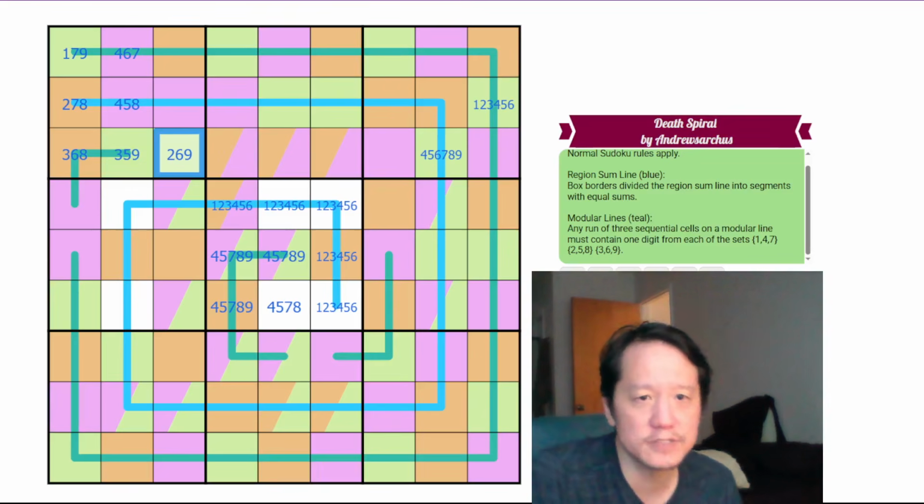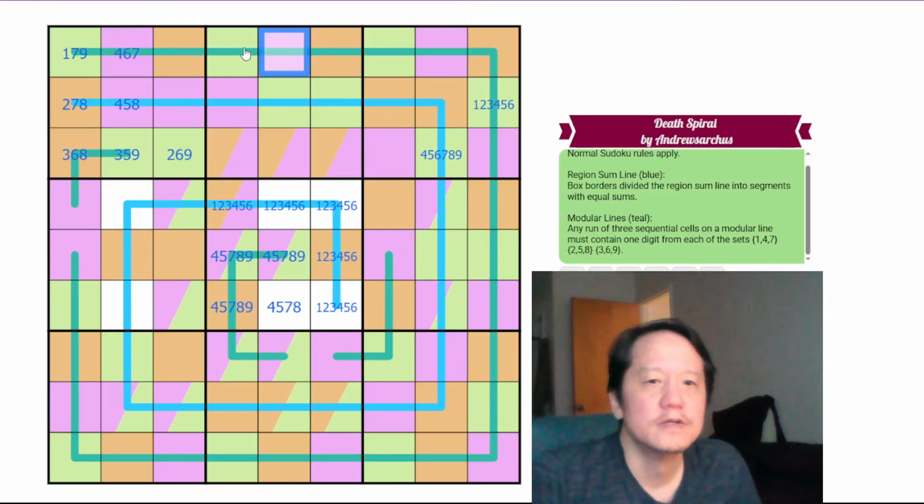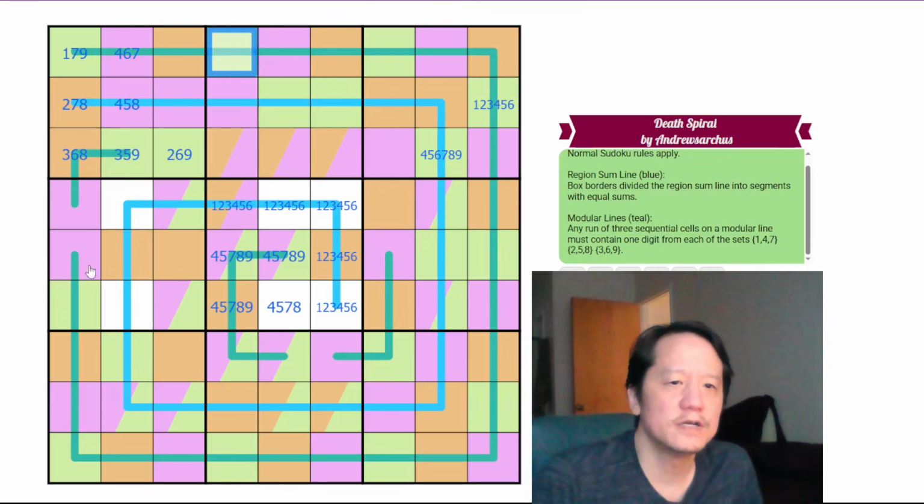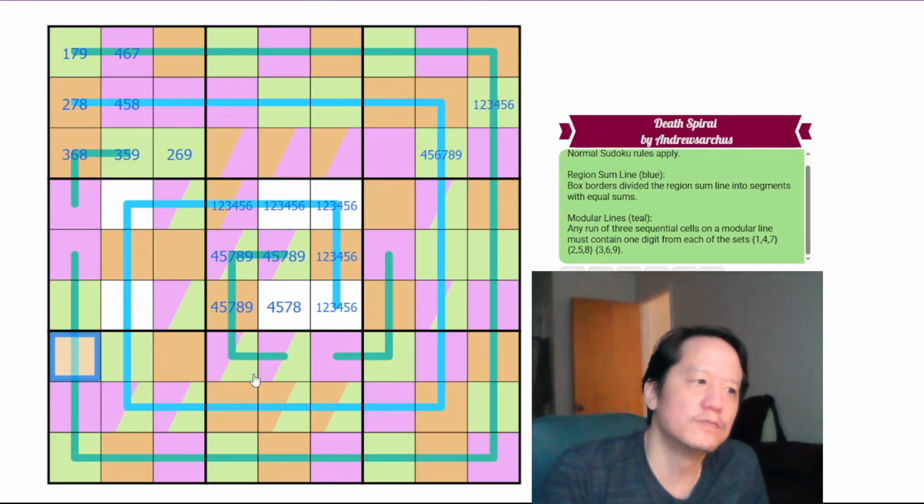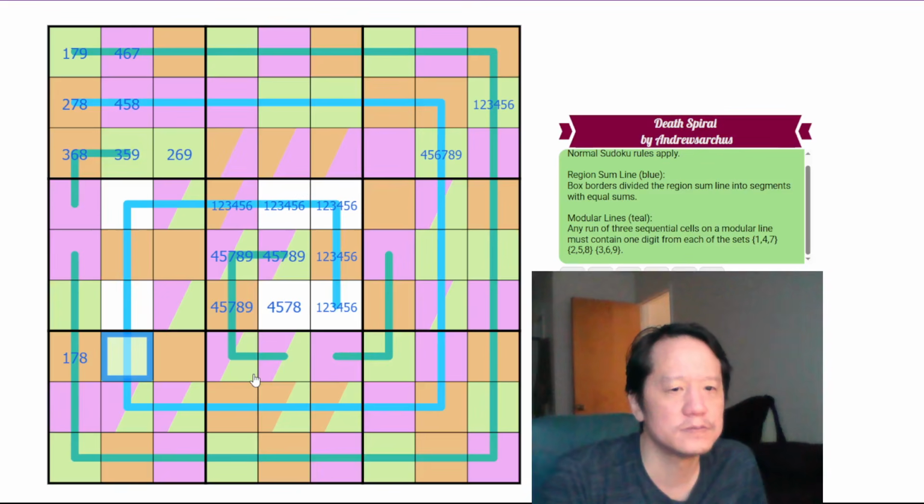Okay, what about 16? For 16, you have double 1 mod 3. You don't have 1 4 again, so it must be 1 7 8 or 4 7 5.